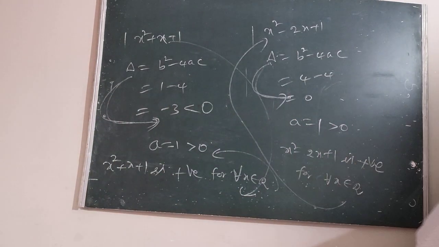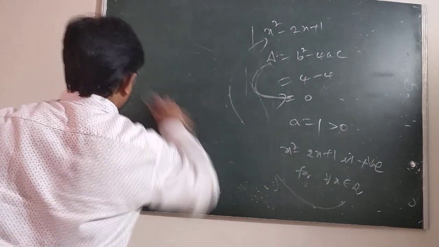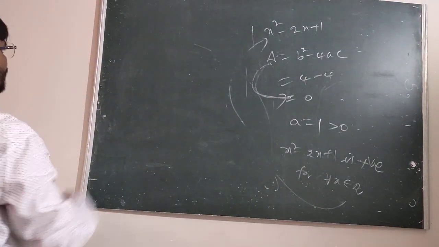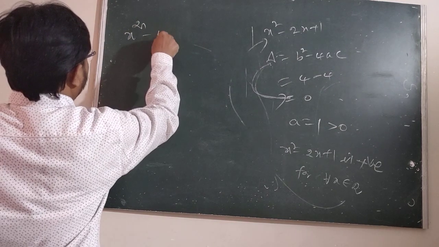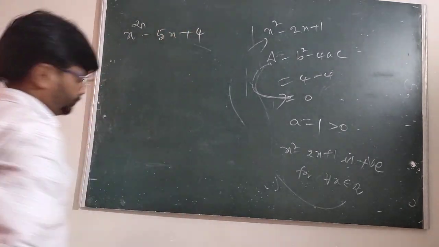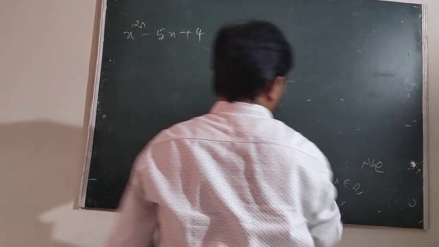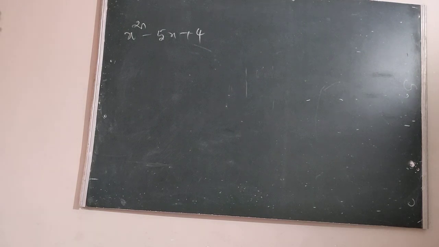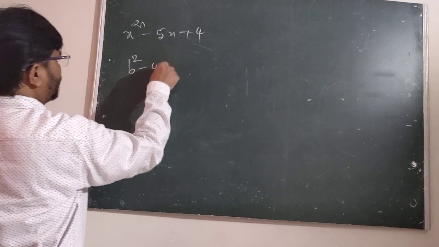Now the third case, suppose we take x square minus 5x plus 4. We know that this expression can be expanded into two factors, that is x minus 1 into x minus 4. Now first we find the discriminant b square minus 4ac.